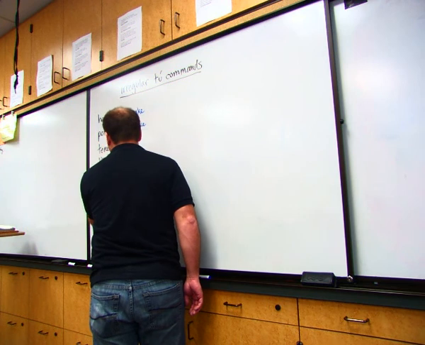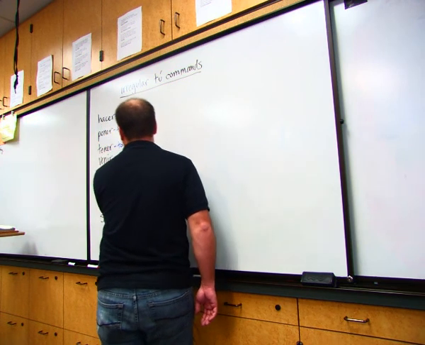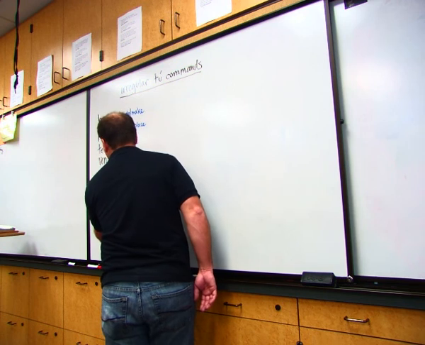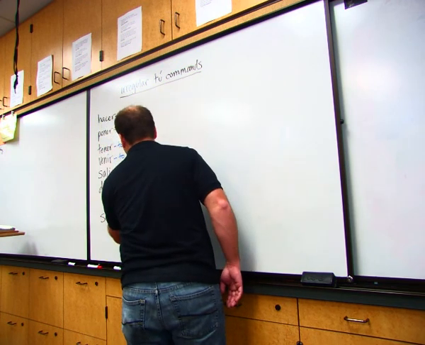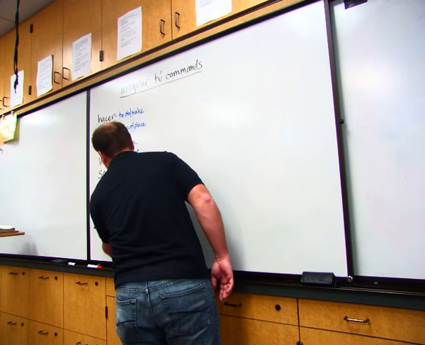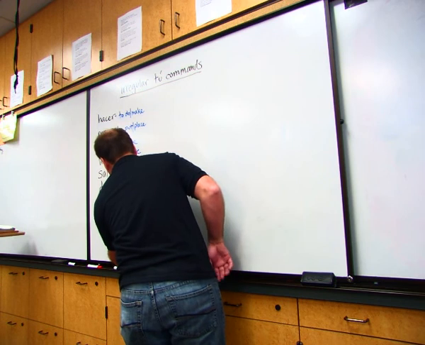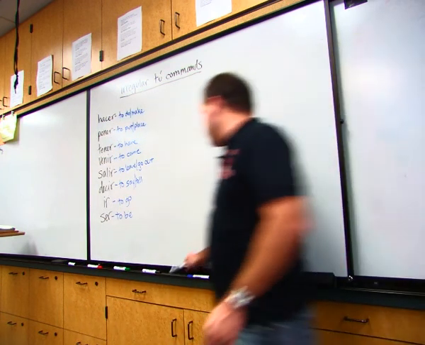Salir, to leave or go out. Decir, to say or to tell. Ir, what's ir? To go. And ser, to be. Alright, so those are our verbs, and they have irregular forms.